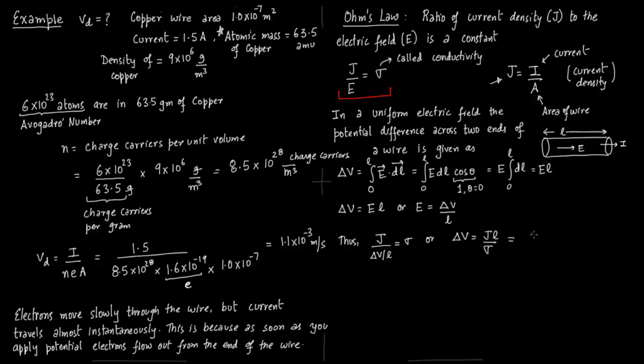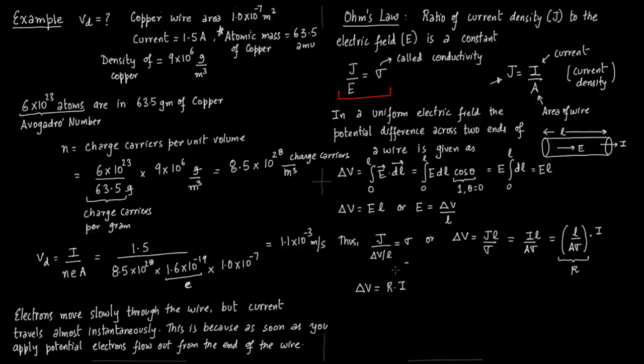So J is I over A, plug it in, you get I over A sigma times L is equal to delta V. You can rewrite this as L over A sigma times I, and you rename this term L over A sigma as R. This R is called resistance of conductor. So now you have delta V is equal to R times I.